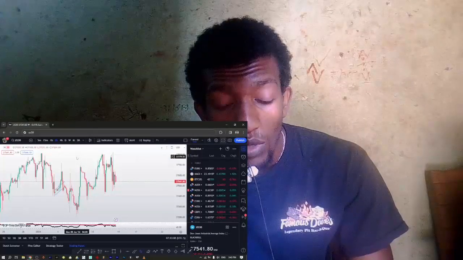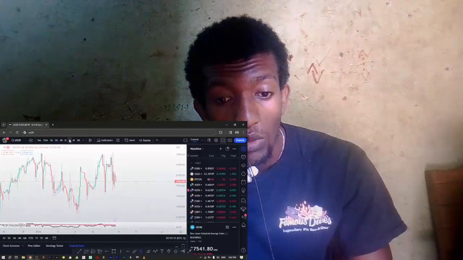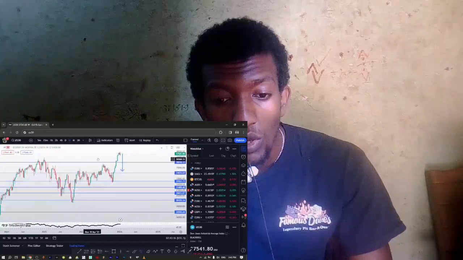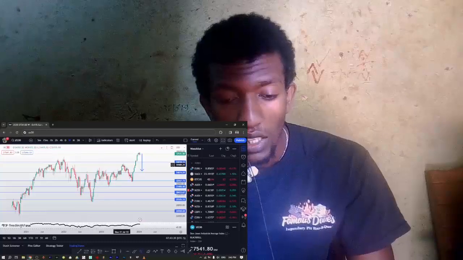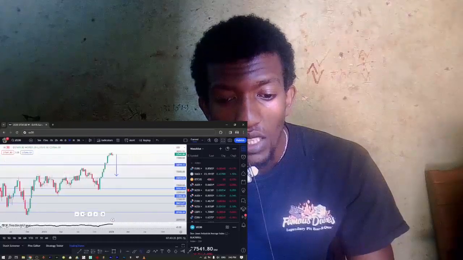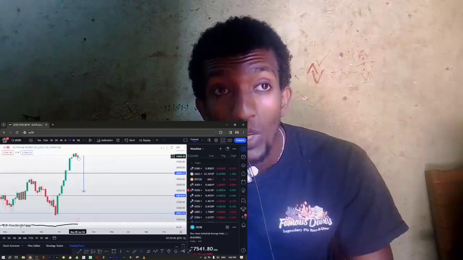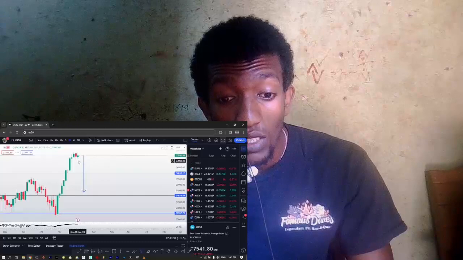If I want to see the US 30 on the weekly basis, I will just click on the weekly, and it will show me the weekly basis. Which means this candlestick took one whole week to make this candle.